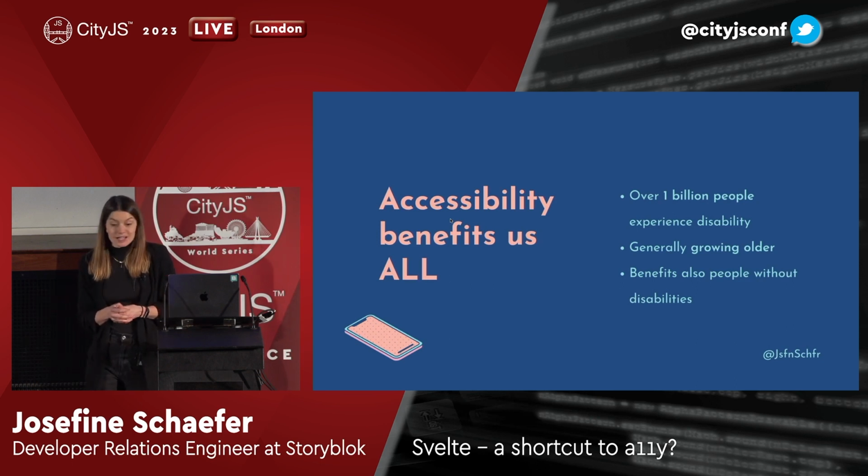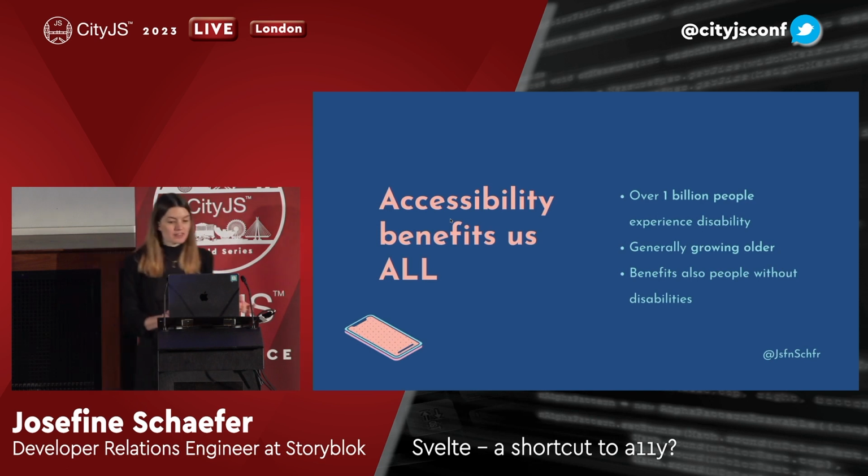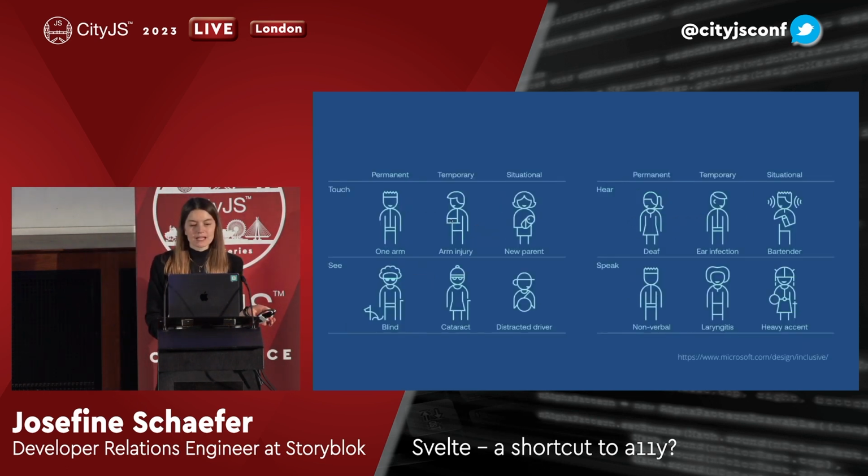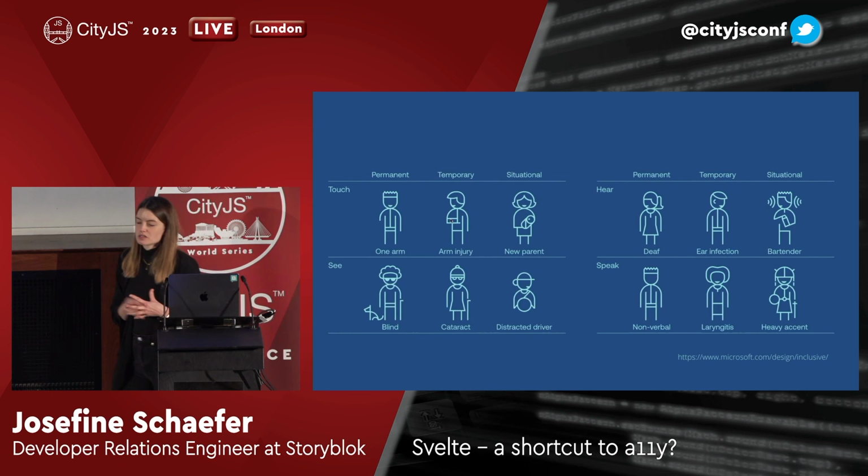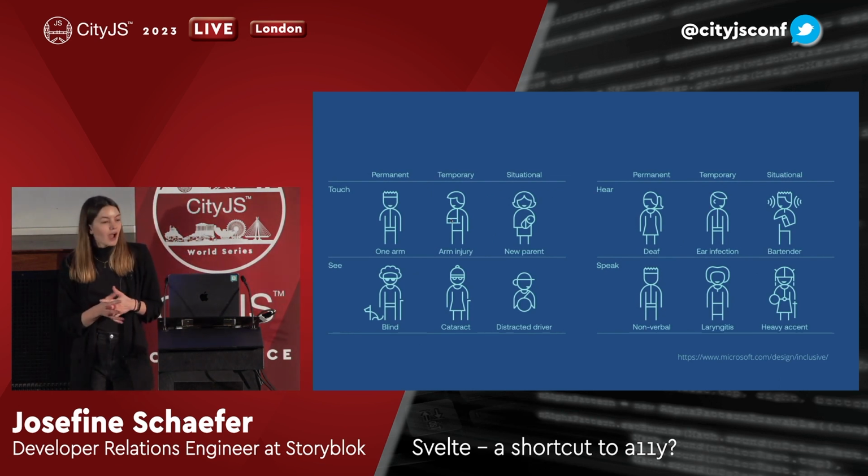Also, as a society, we are generally growing older, all of us. And it also benefits people without disabilities. Here, the table shows some of the different use cases for web accessibility. You have permanent disabilities like physical, auditory, cognitive, or neurological disabilities, but you can also see temporary or situational limitations.